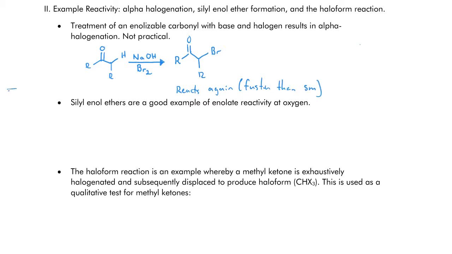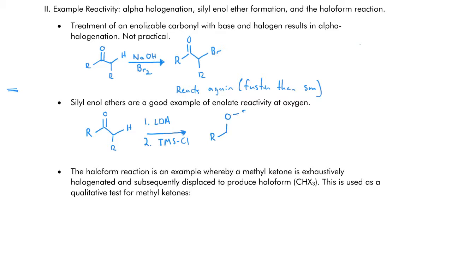Now, another example, and I don't think this is shown in the book, is the production of silyl enol ethers. A silyl enol ether is prepared starting from an enolizable carbonyl and treatment with a base like LDA to produce the enolate, and in a second step, a silyl chloride, like trimethylsilyl chloride, is added.